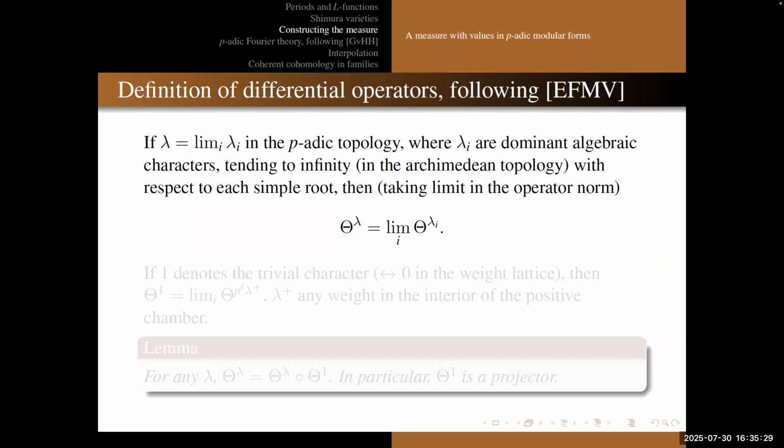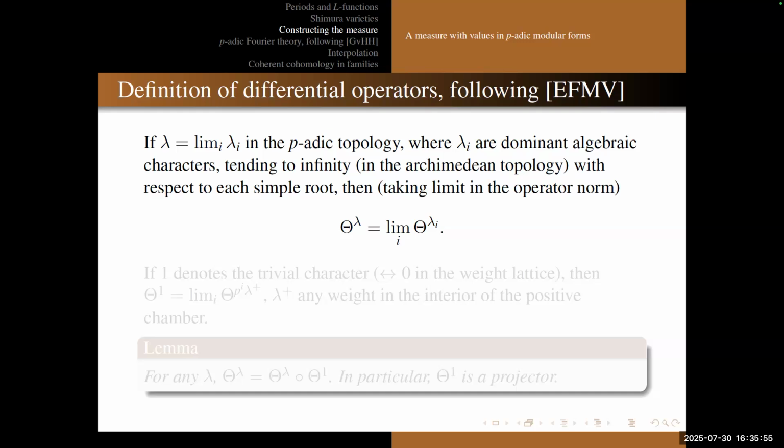All right, let me say something about the definition of these differential operators in their previous version. We take the limit in the operator norm, and then we get this theta lambda. But the lambda have to tend to infinity in the Archimedean topology. Otherwise, you do not get the right answer. If you take the trivial character and you just don't do anything, that's the wrong answer.